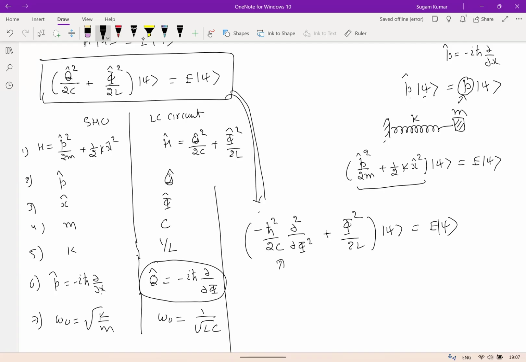You can see this is the kinetic energy term and this is the potential energy term. The potential energy, let me call U of phi, is nothing but phi square by 2L. I'm using all these very basic things because I don't want you to get confused when I use these terms later to understand the charge qubit.